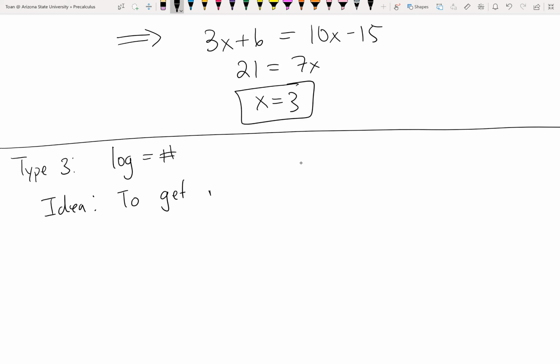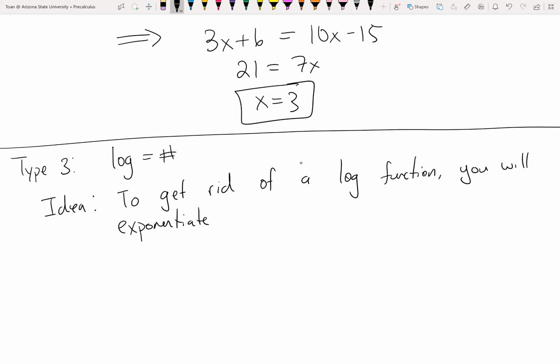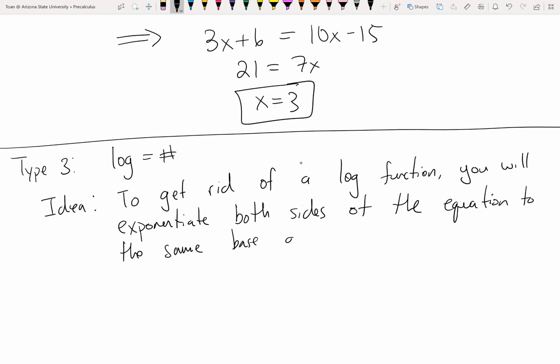So to get rid of a log function, you will exponentiate, that's a fancy word, both sides of the equation to the same base as the log.